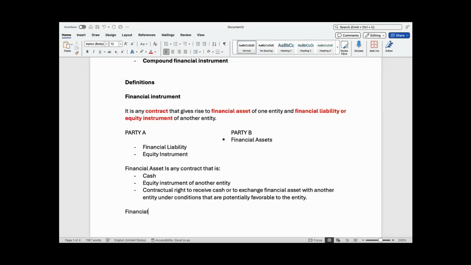Again, financial liability is a contractual obligation to deliver cash, or to exchange financial assets with another entity under conditions that are potentially unfavorable to the entity.